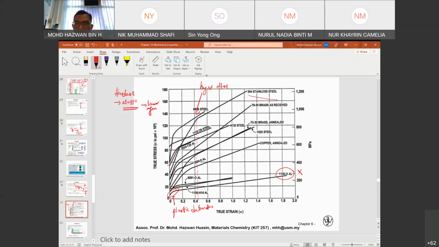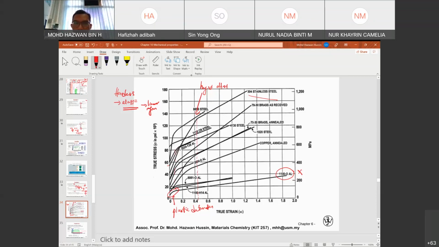So 304 stainless steel has one of the highest, okay, offset values. So when you have the highest offset value, then it means that the plastic deformation occurs later, right? Meaning that this material is quite elastic initially, and then after that, then only it becomes plastic.